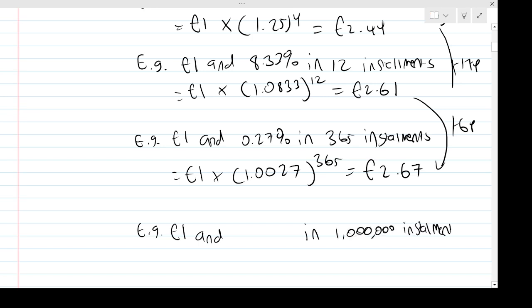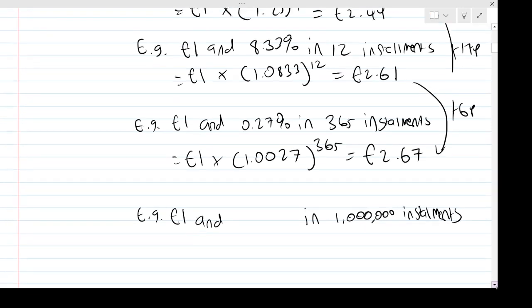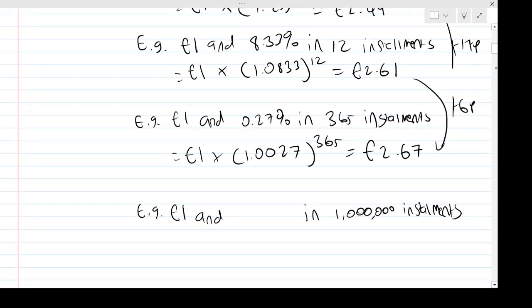So 100% divided by a million is 0.0001%. Now not every time am I getting that amount added on.